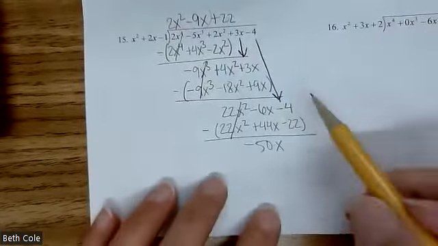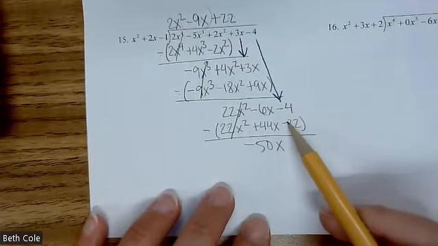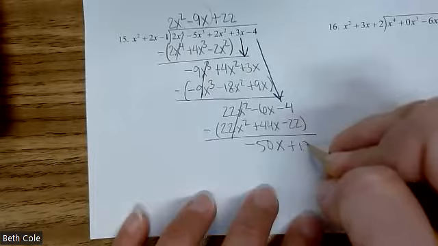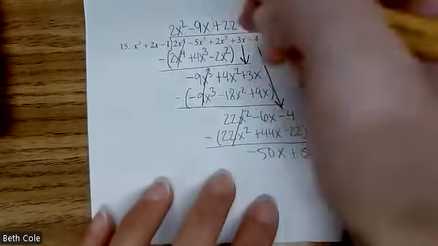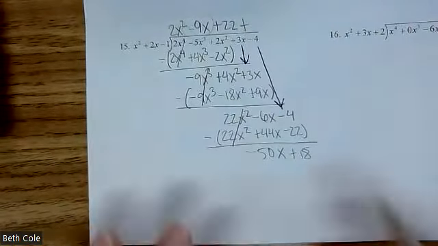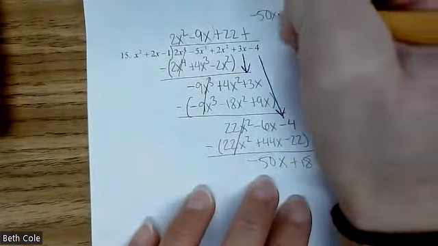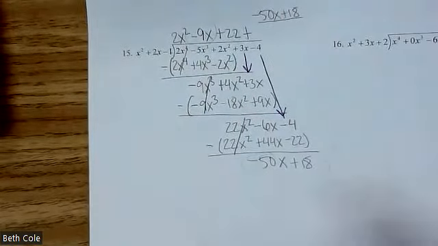I had to count on my fingers for that one. And then this is -4 minus -22. So it's really -4 plus 22, 18. So when you tack that on, I know we did it, guys. Always put plus, and it's whatever you got, -50x plus 18 over the divisor. Which part's the divisor?